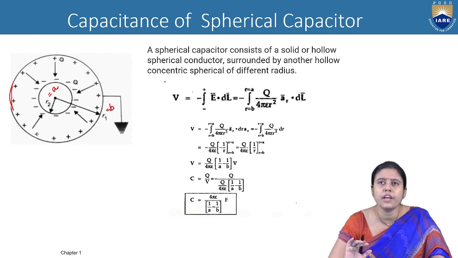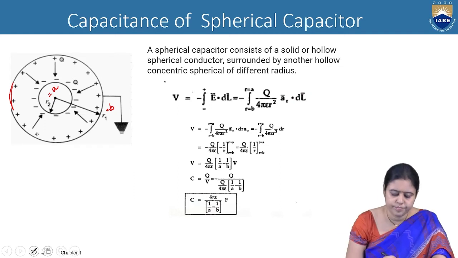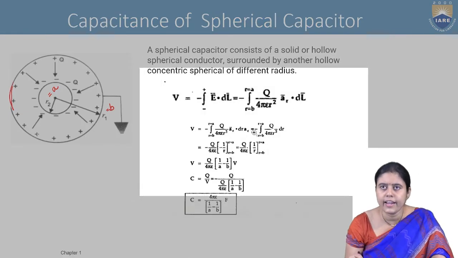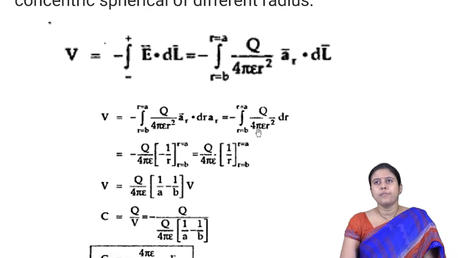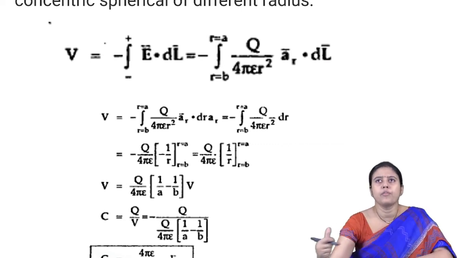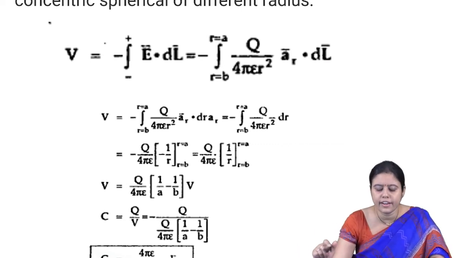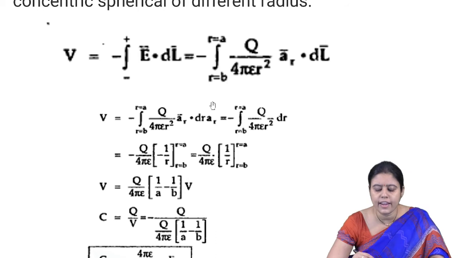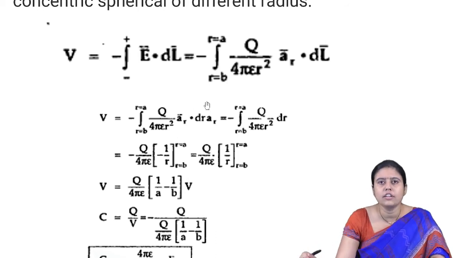E dot dl, again like the previous one, dl is the length and the field will act along the radius. So we can substitute it as dr aR, and aR dot aR equals 1.